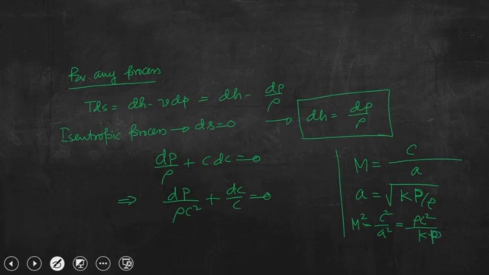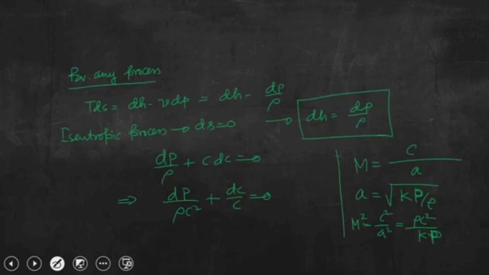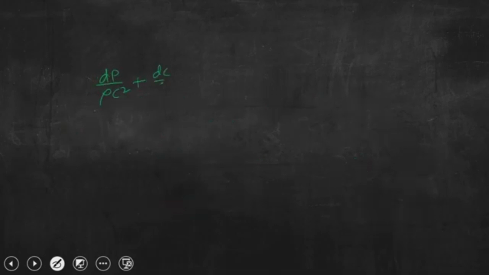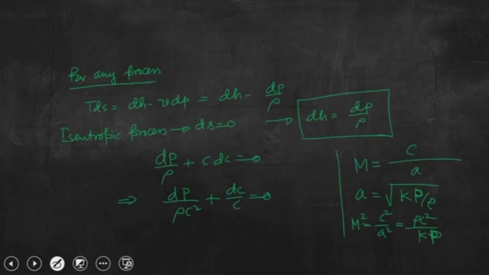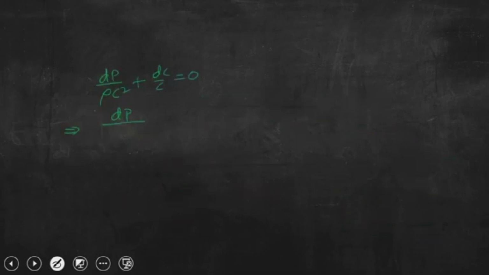So, we can write dP by rho c square plus dC by c equal to 0, and we can place rho c square equal to kp into M square, so kp into M square plus dC by c equal to 0. So, this is the equation that we are getting.